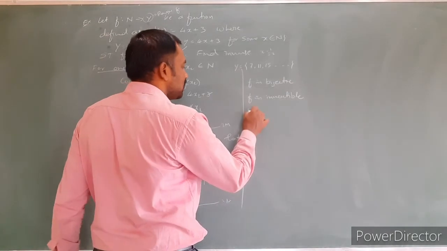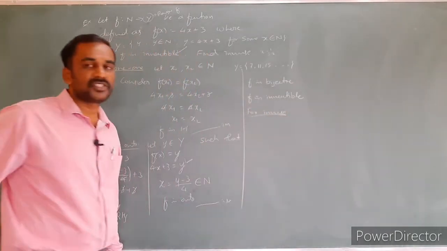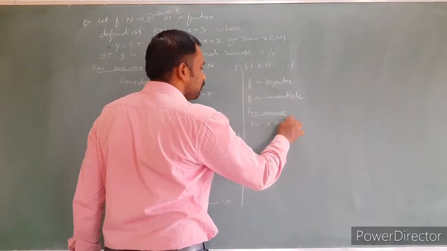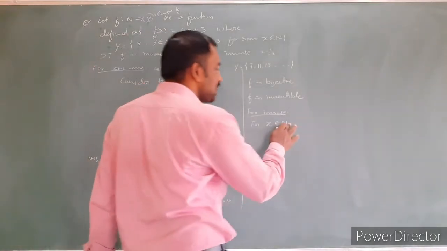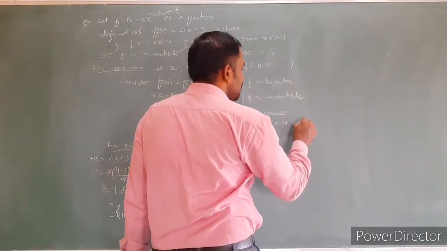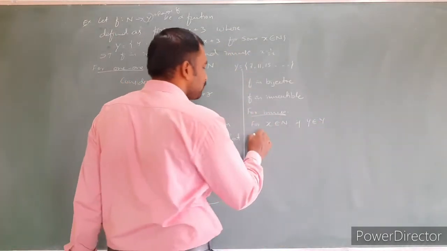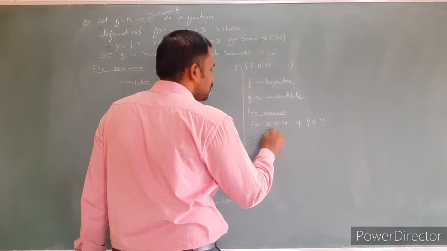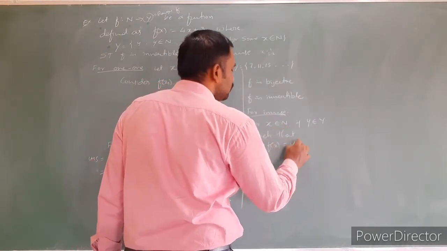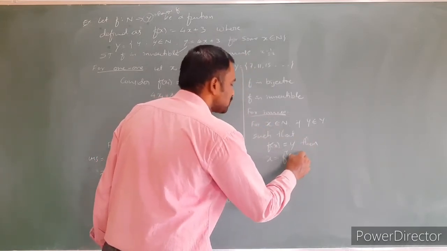Okay, now for the inverse. For the inverse, I have already given the definition. What is the definition? For any element x present in the domain set A, here the domain set is the natural number set, if y is present in the codomain set Y such that f of x is equal to y, then x is equal to f inverse of y.